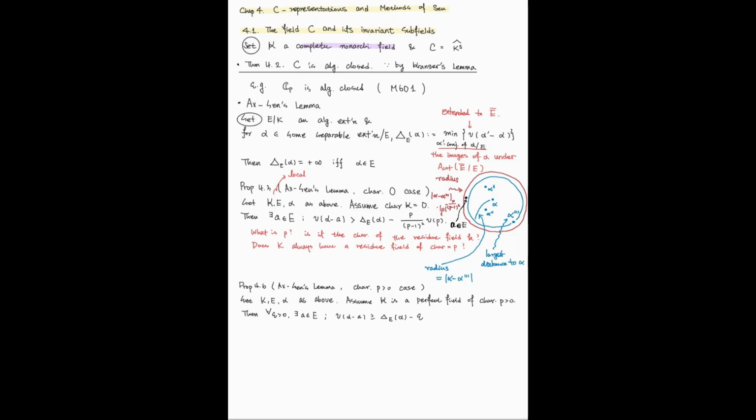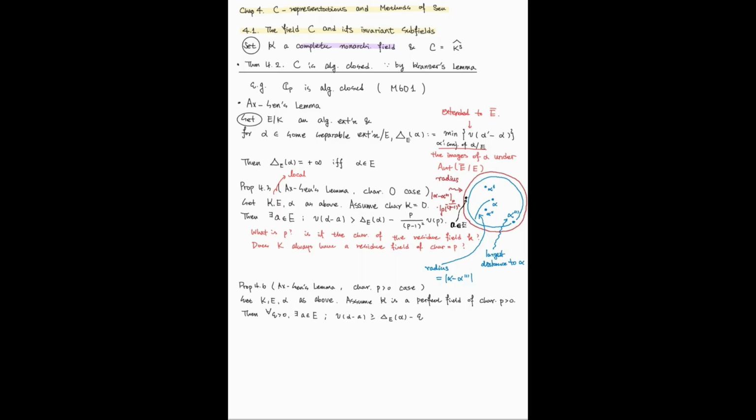So this has the largest distance by absolute value. That means the minimum for the v function. When I say distance, I really mean, so to speak, for the absolute value, multiplicatively. Largest distance to alpha.